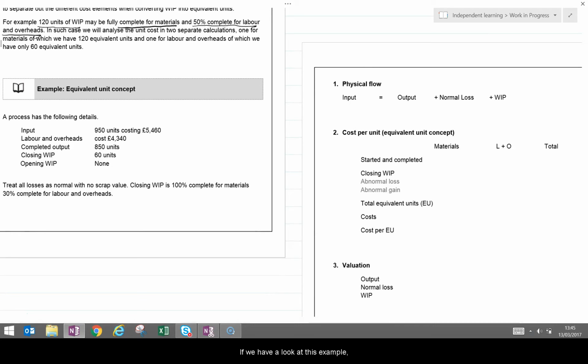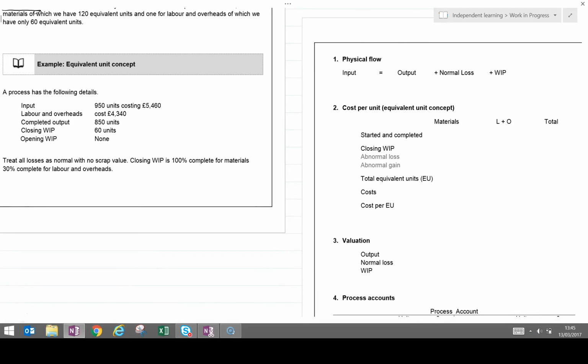So if we have a look at this example, a process has the following details. We input 950 units, so this is our material. That cost us £5,460.